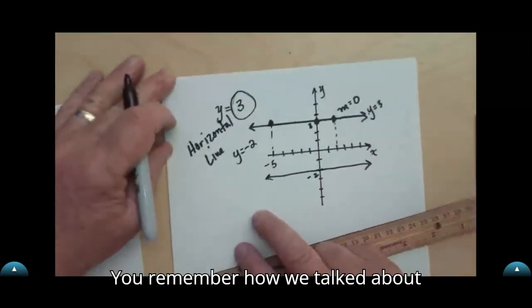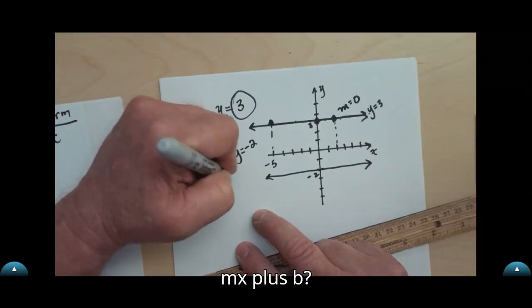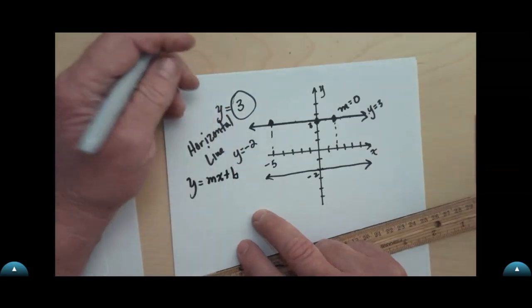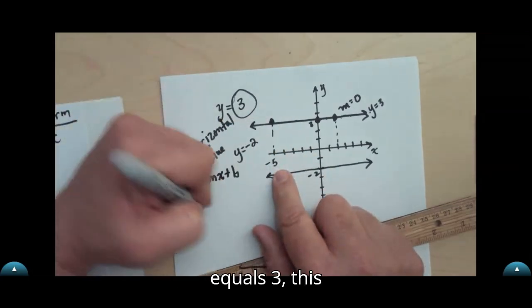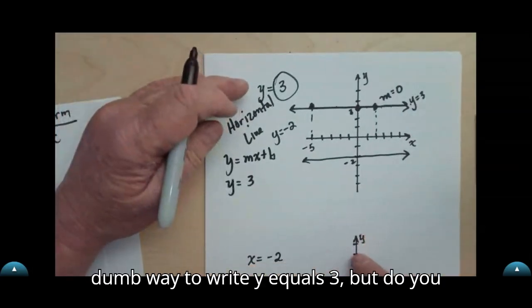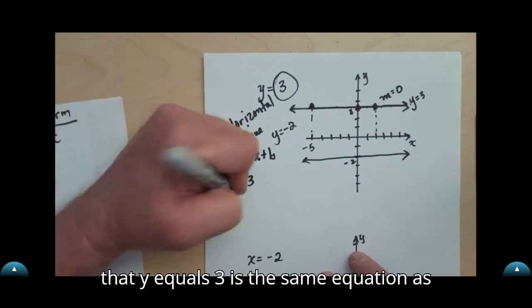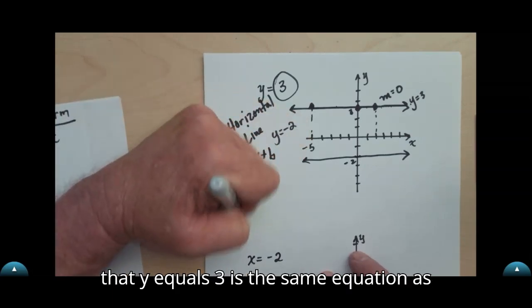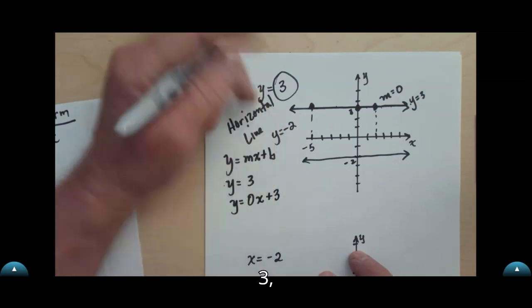You remember how we talked about slope-intercept form, y equals mx plus b? Well, do you agree that y equals 3? What I'm about to do is a really dumb way to write y equals 3. But do you agree that if I wanted to, I could say that y equals 3 is the same equation as y equals 0x plus 3?